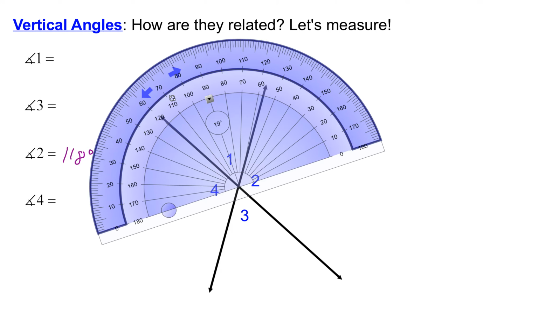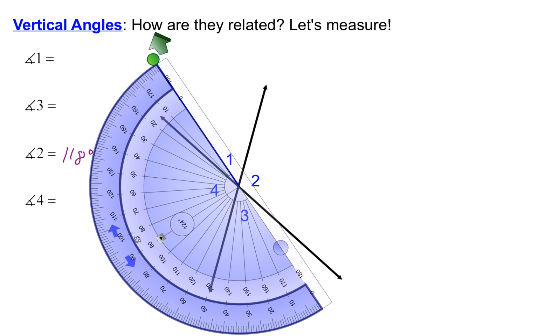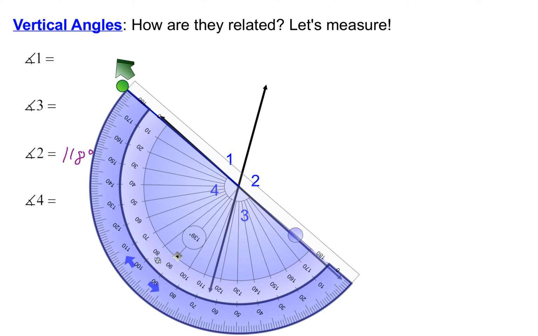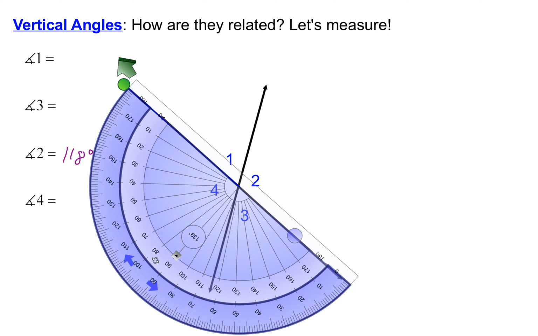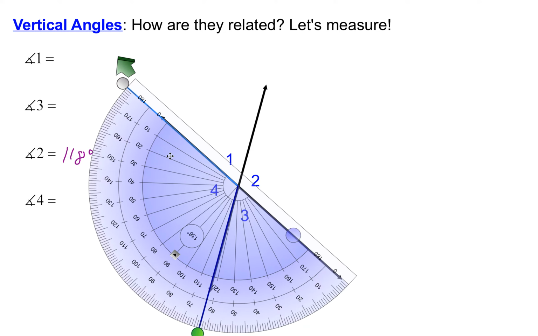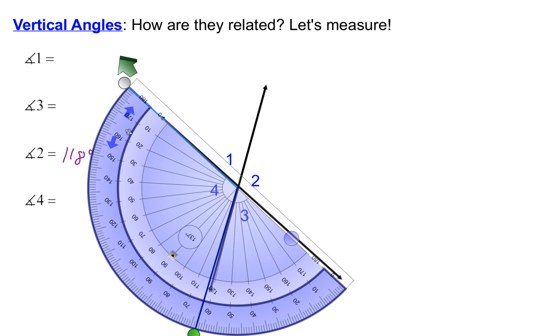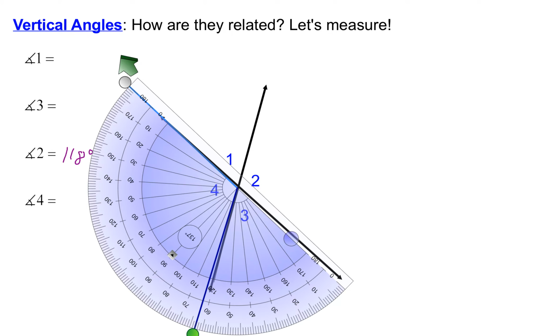Now let's take a look at angle 4, because angle 4 is the vertical angle that corresponds to angle 2. So let's swing this around this way, and we will measure angle 4. That's pretty accurate. Now we swing this out, and it looks like this measure is also 118 degrees.